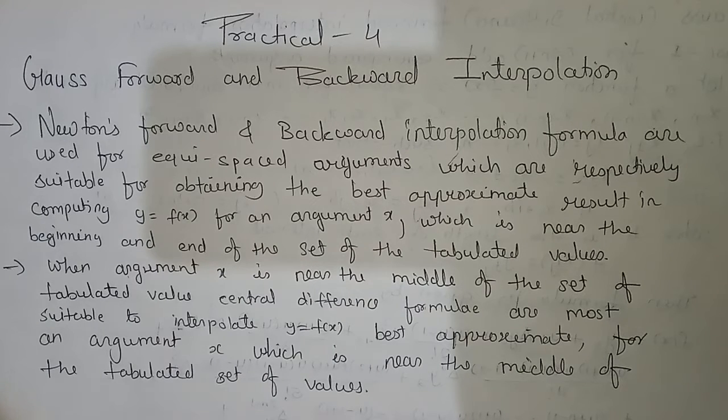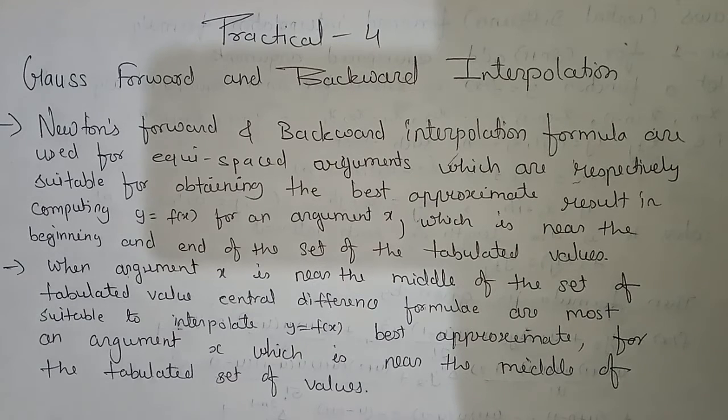and backward interpolation formulas are used for equispaced arguments, which are respectively suitable for obtaining the best approximate result in computing y equal to f(x) for an argument x which is nearer to the beginning and the end of the set of tabulated values. So we have seen this earlier.